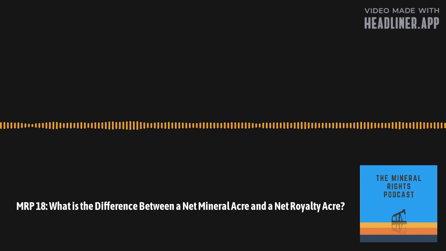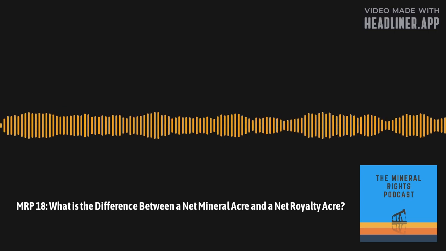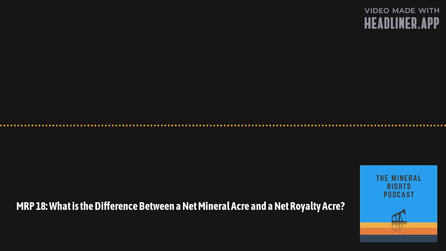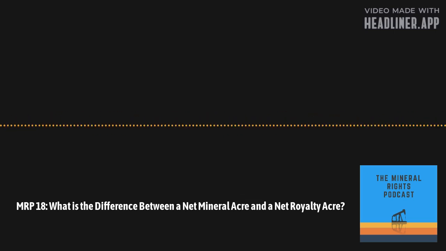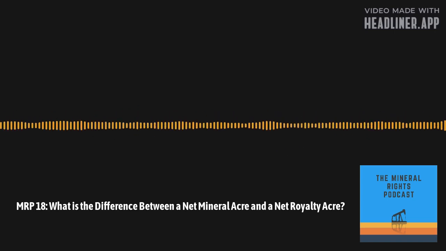So if your decimal ownership in that 160 acre tract is 1/10, just for the sake of making this easy, you would own 160 divided by 10, which is 16 net mineral acres. So you have 1/10 of the minerals in a 160 acre tract is 16 net mineral acres.